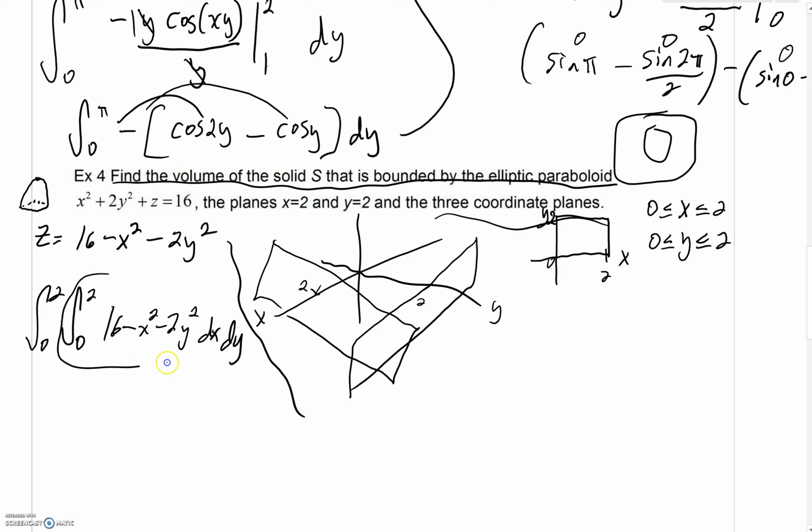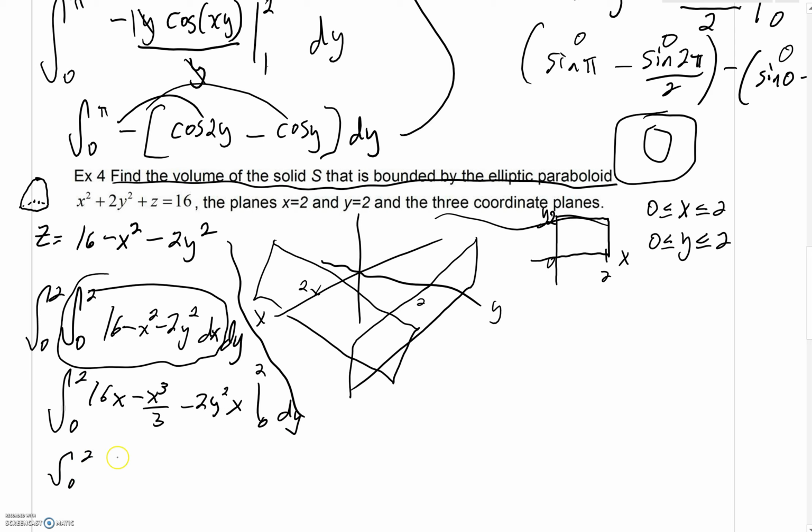So let's just go ahead and integrate with respect to x first, and realize also that your 2y squared is seen as a constant, of course. And as we continue with the fundamental theorem here, this would be 16 times 2, which is going to be a 32.